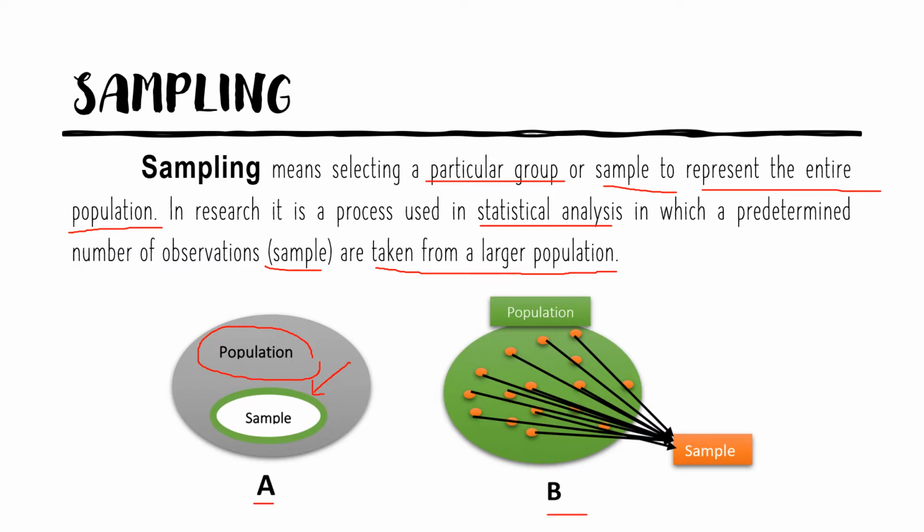So in research, we don't need to subject your entire population to your research. What we need to do is to get a sample from that population, and this sample will be subjected to your research that will represent your entire population.